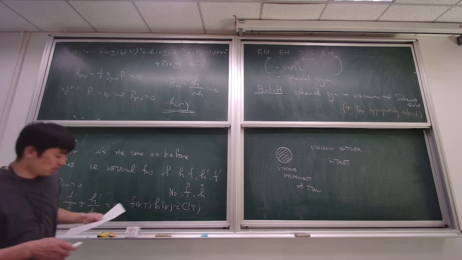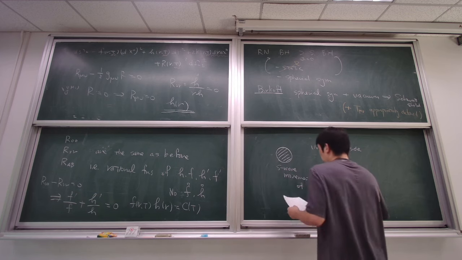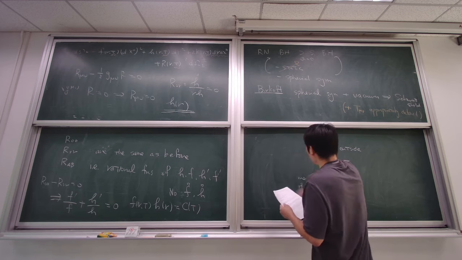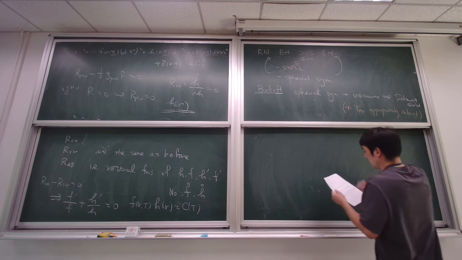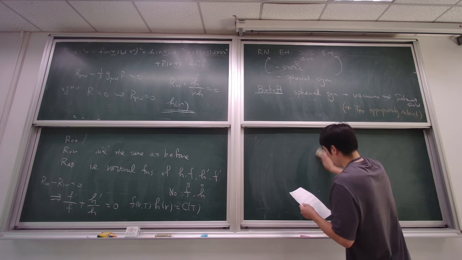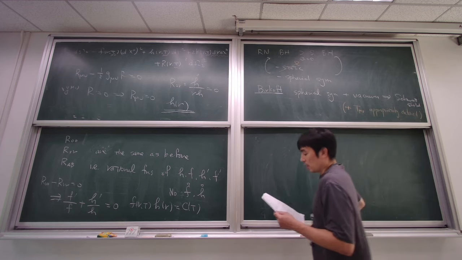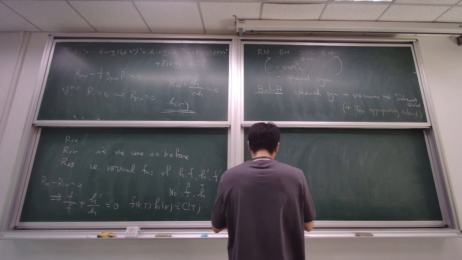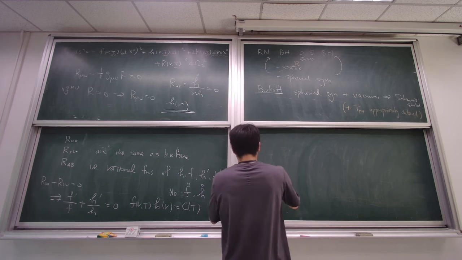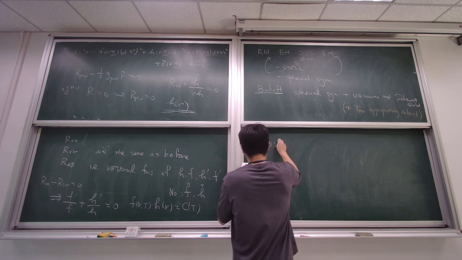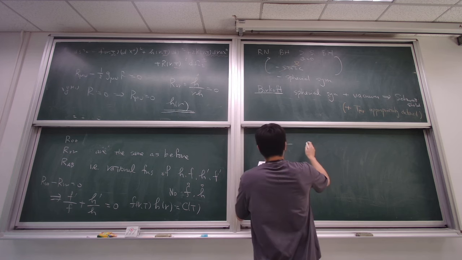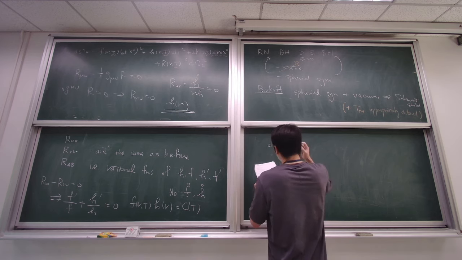And then what you get is ds squared equal to minus h times c of t.